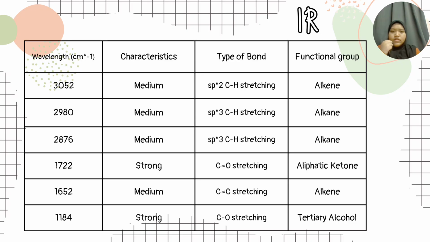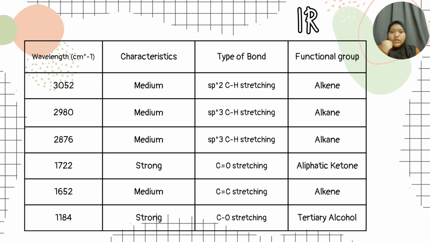So this is the IR spectrum. From the IR spectrum, we can get wavelength, characteristic, type of bond, and the functional group. For the first one, wavelength 3052, the characteristic is medium, type of bond sp2 C single bond H stretching, and the functional group alkene.